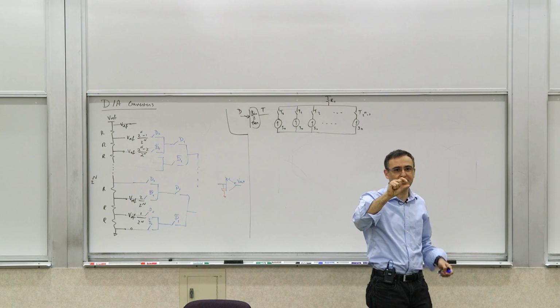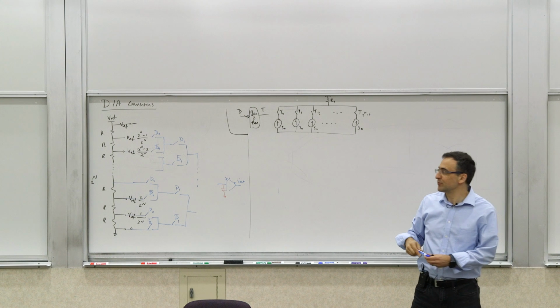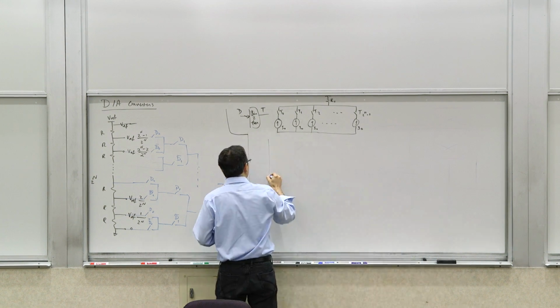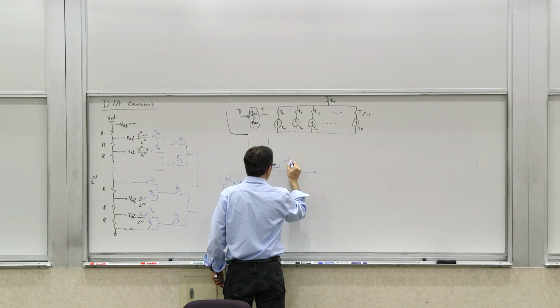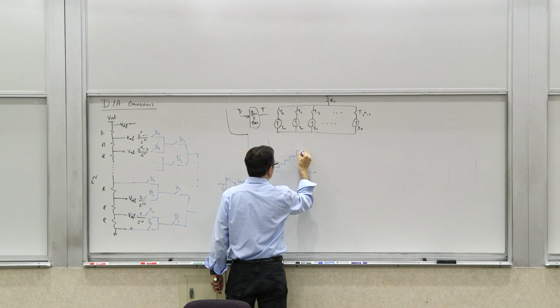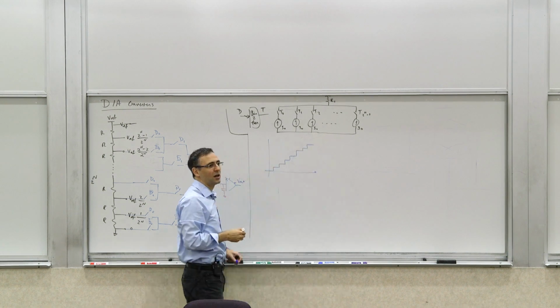Now, your steps may not be exactly equal. So your output steps may not be exactly as you want them ideally. Some of the steps may be a little bit larger. Some of the steps may be a little bit smaller. But it would still be monotonic.